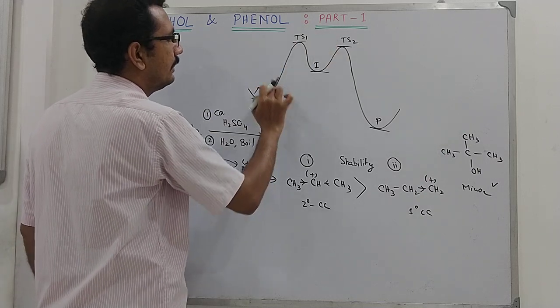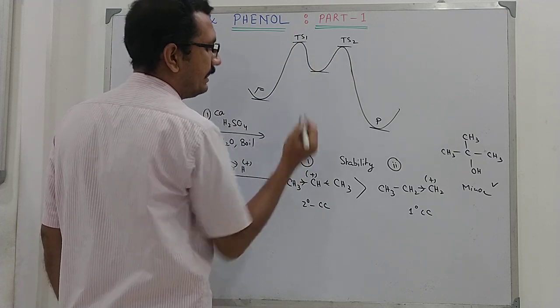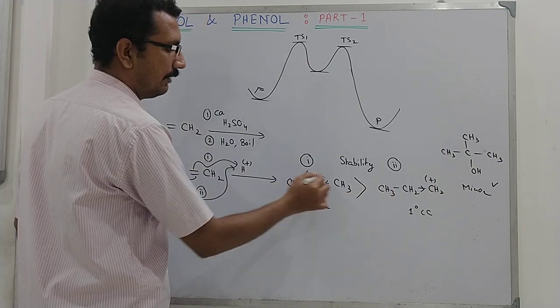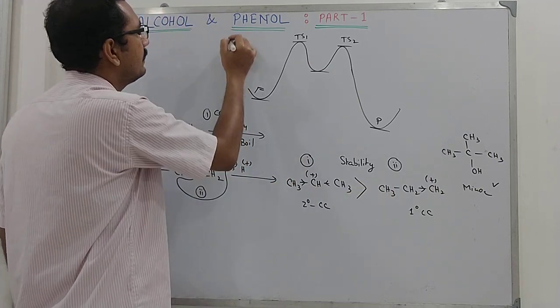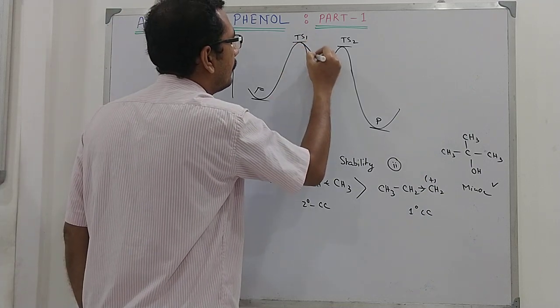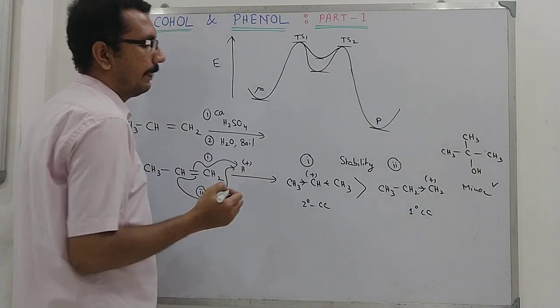We are not interested in the transition state now. Now we have the intermediates, two intermediates: one is a 2 degree carbocation, one is a 1 degree carbocation. Now this one is more stable. This is the energy axis, so we have to draw two intermediates.